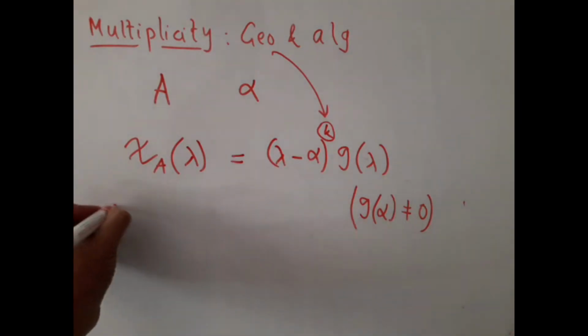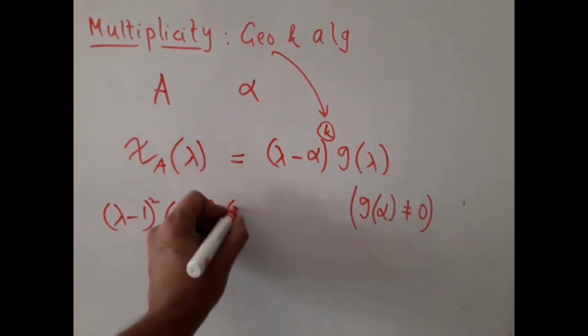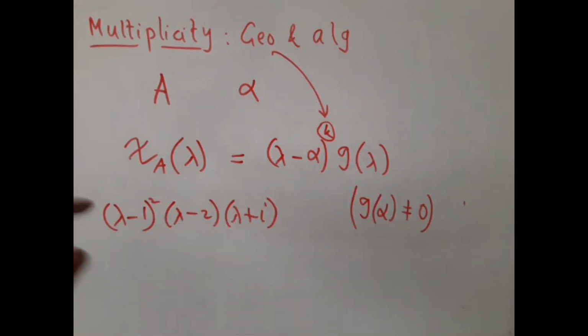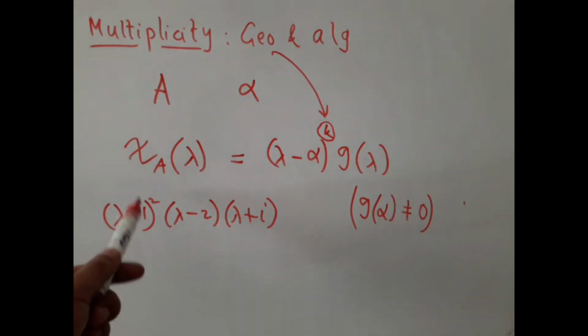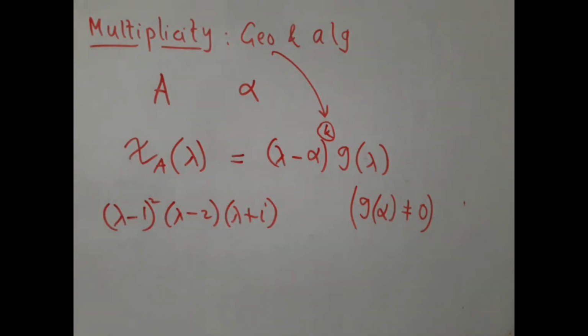For example, if I have (lambda minus 1) whole squared, (lambda minus 2) and (lambda plus i) as the characteristic polynomial of a matrix, the matrix has to be of order 4 by 4, because the degree is 4.